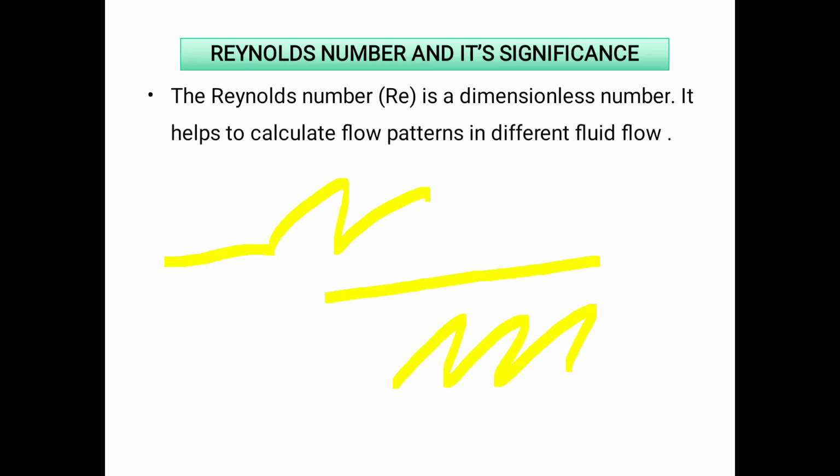So Reynolds number is a dimensionless number. It helps to calculate the flow pattern in different fluid flows, whether laminar, turbulent or transitional. So the Reynolds number will determine or identify the flow of fluid.